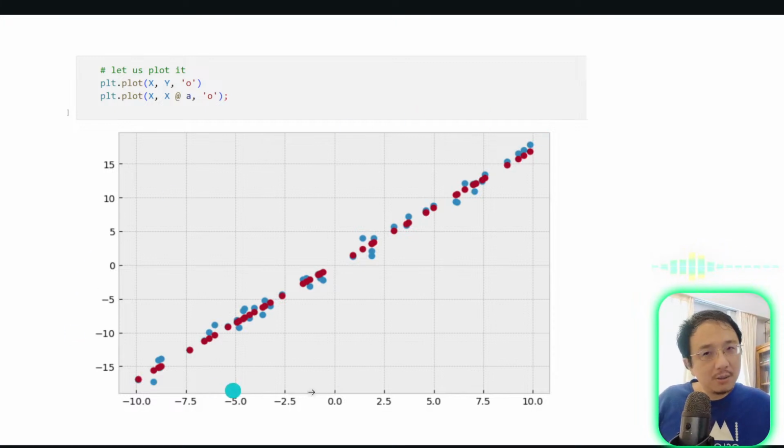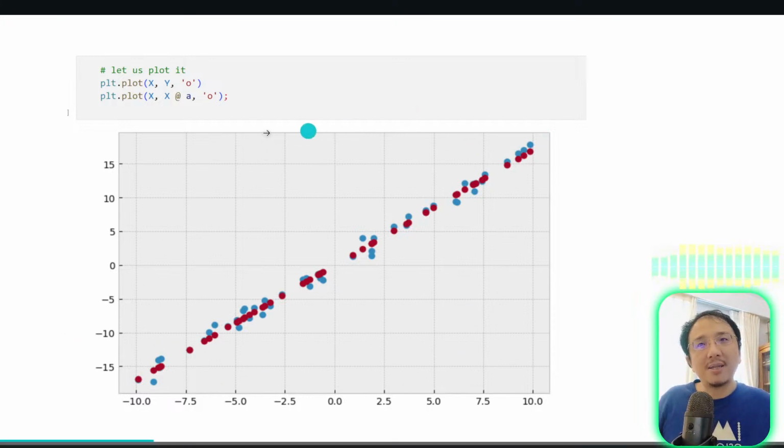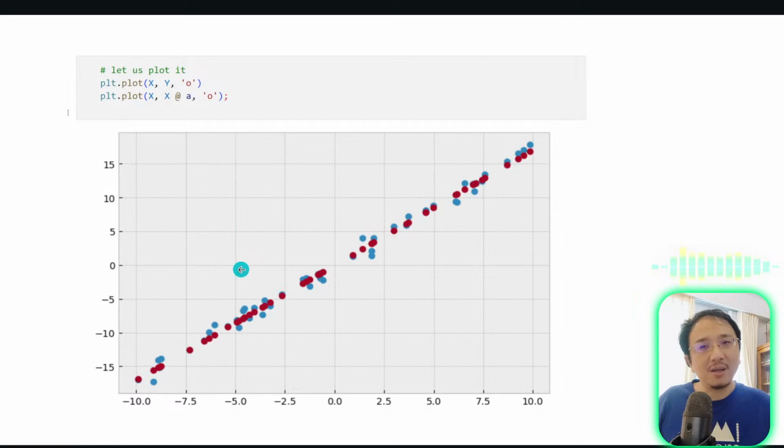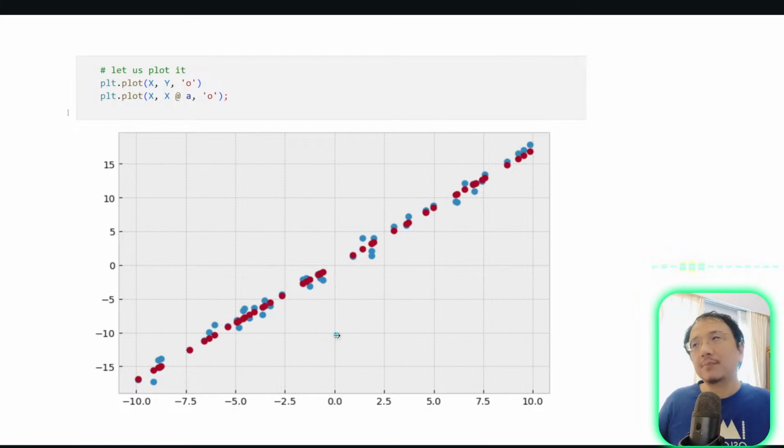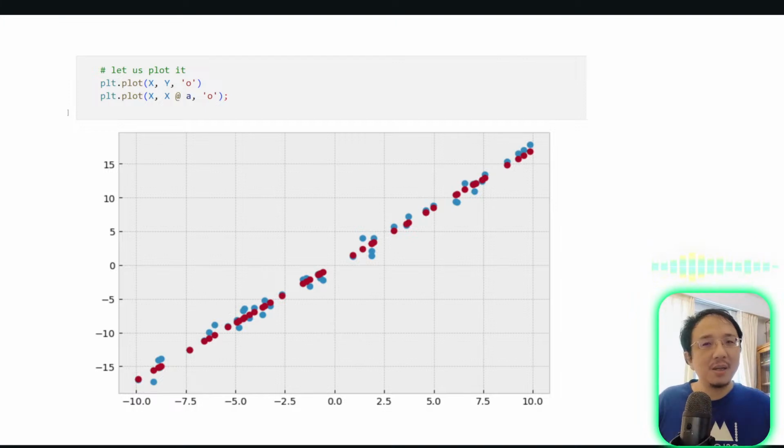So by seeing the visualization, the prediction and the data, you can get an idea of how good your prediction is. Although we didn't get the hidden parameter 100% correct, this is our prediction, and you can see it is a reasonable prediction.